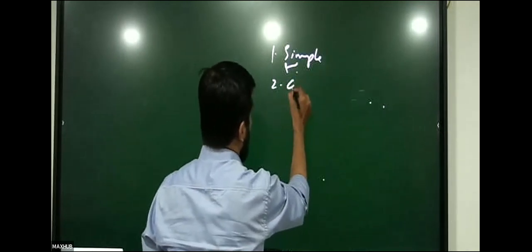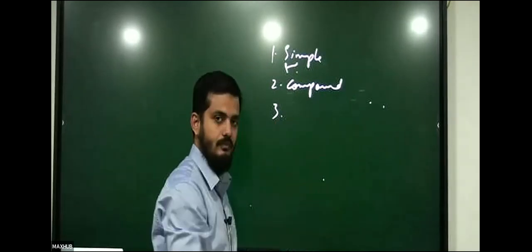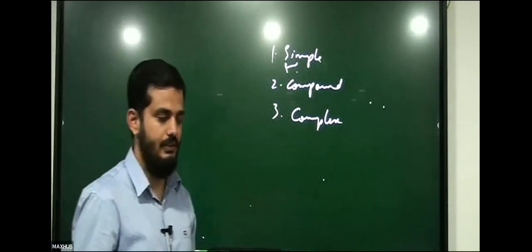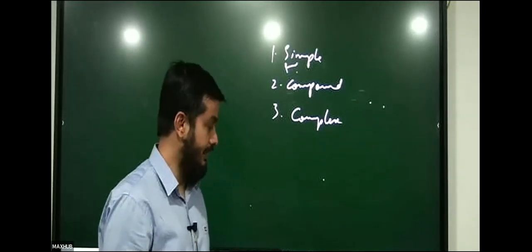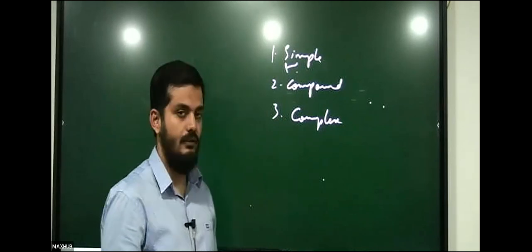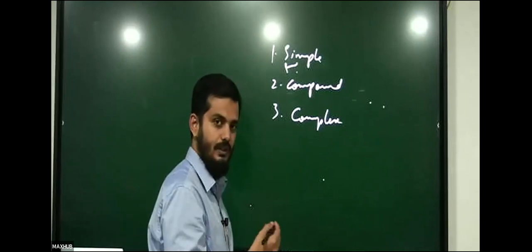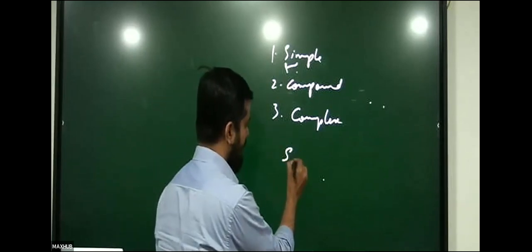There are types of entries: simple, compound, and complex. We'll start with a simple entry and see how it is made. Let us go with salary, which is easy to understand. Somebody is paying a salary. Salary is paid.